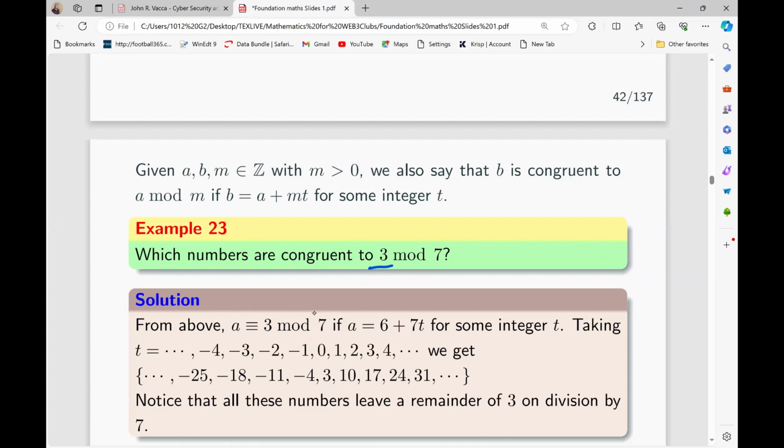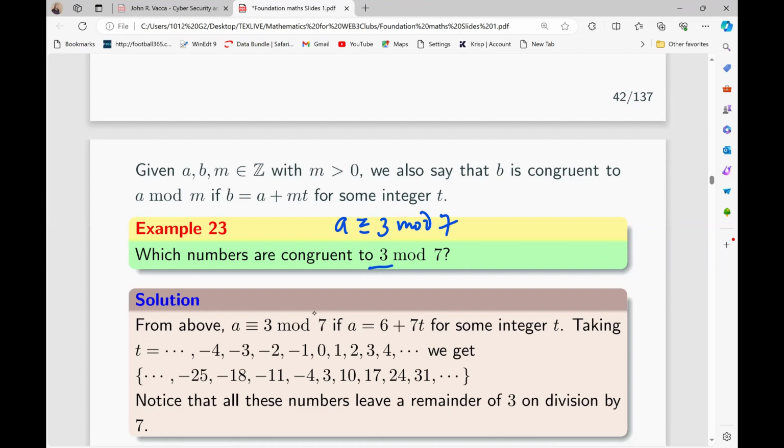If I was to use the first definition there, I'm asking myself, what numbers, if I subtract 3 from them and divide the result by 7, I would not get a remainder.